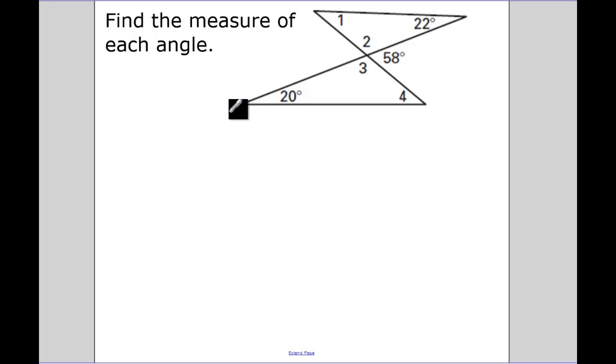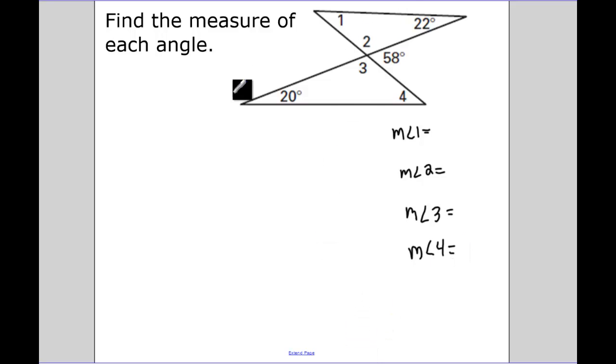Okay, find the measure of each one of the angles. Well, I need to find the measure of angle 1, measure of angle 2, measure of angle 3, the measure of angle 4.